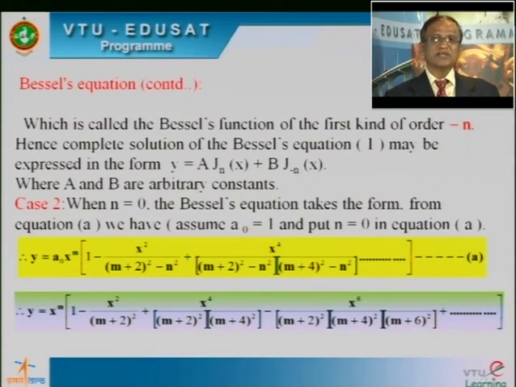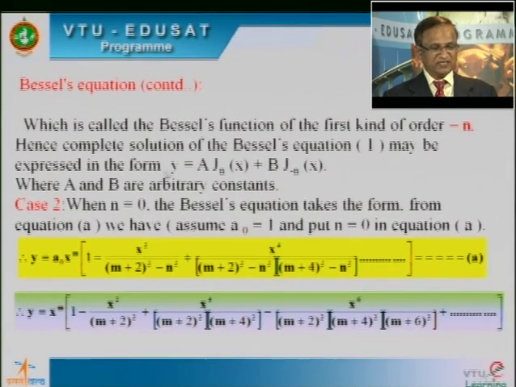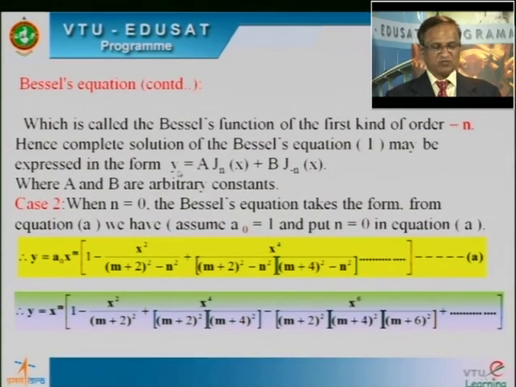Hence, the complete solution of Bessel's equation can be written in this form: y = a Jₙ(x) + b J₋ₙ(x), where a and b are arbitrary constants. Now I want to consider when n may be equal to 0; in that case, what is the complete solution of Bessel's equation?